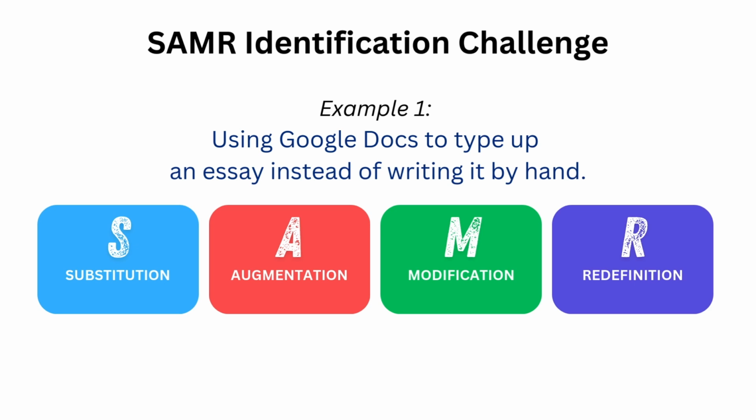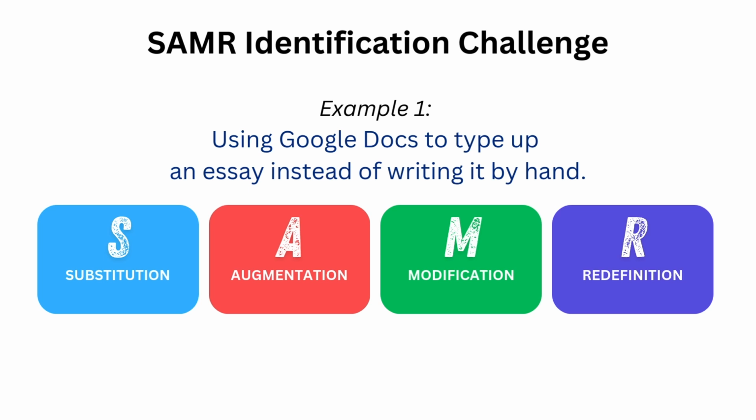Now, let's put what we've learned into practice with a quick challenge. On the screen, you'll see an example of an activity. I would like each of you to take a moment to think about it and identify where you believe this activity may fall within the SAMR model.